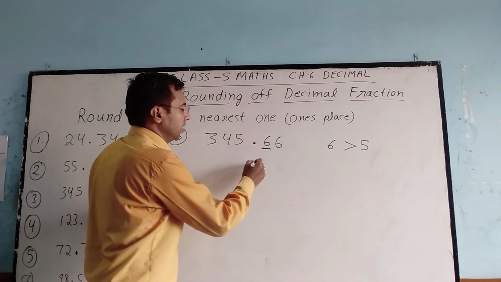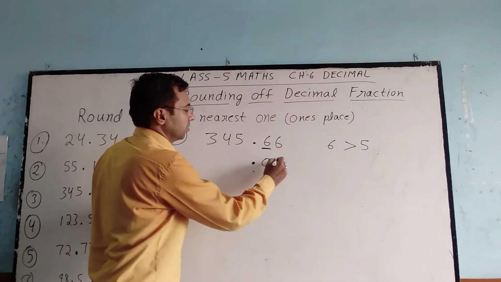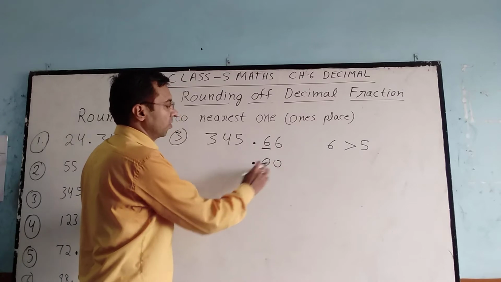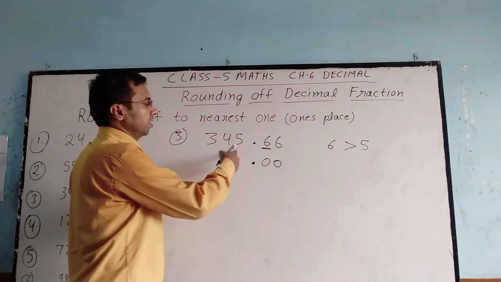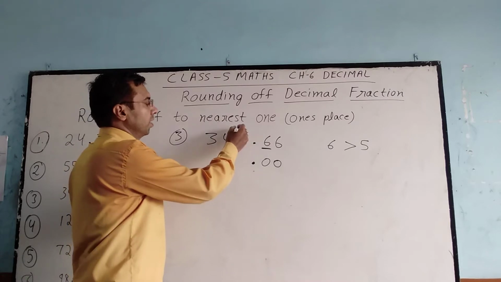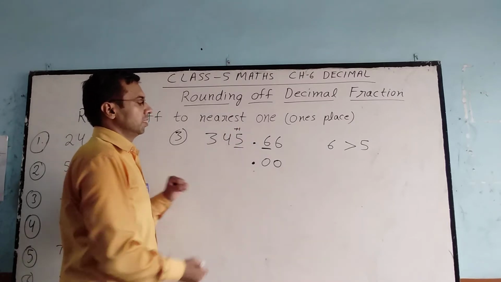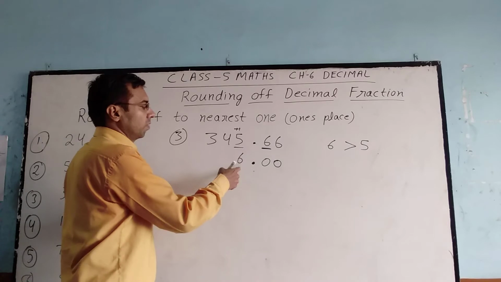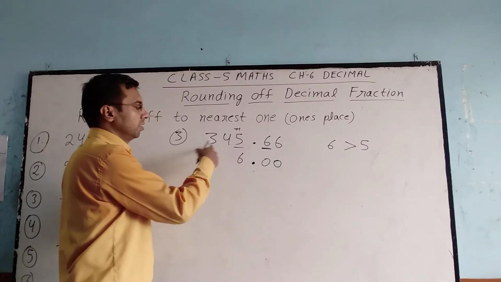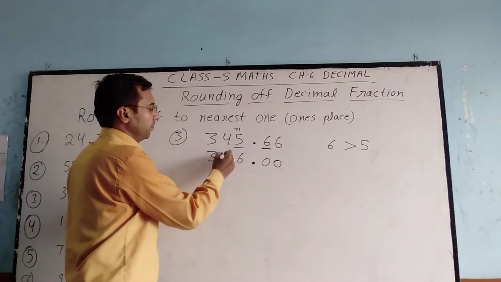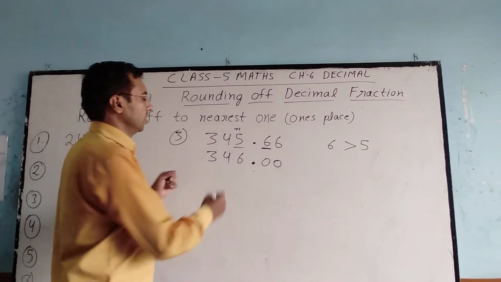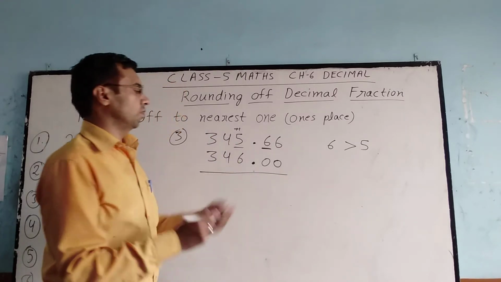We make all the decimal places 0. And next step, we add 1 in the ones place digit. 5 plus 1 is 6. And there is no change in the 10s and 100s place digits. We write them as they are. So this is the nearest one.